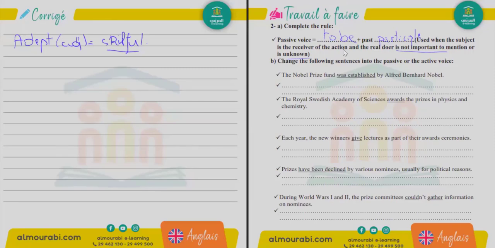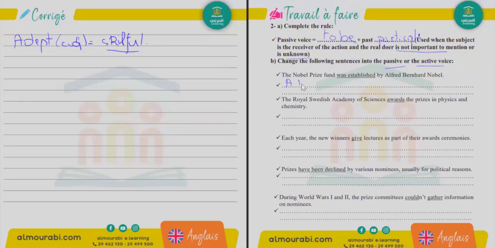Let's change these sentences into passive or active. Yassine, read the first sentence. The Nobel Prize Fund was established by Alfred Bernhard Nobel. We transform it into the active voice.